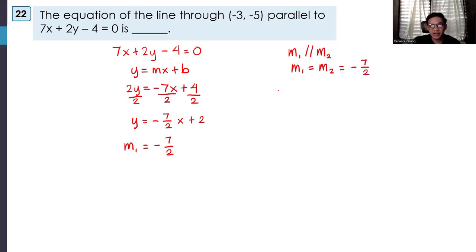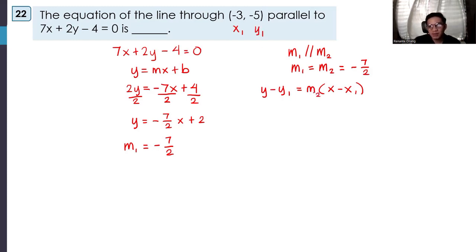So next, we will create our equation by this formula. We have y minus y sub 1 is equivalent to m multiplied by x minus x sub 1. So, eto pa din yung point na gagamitin natin. X sub 1 and this is y sub 1.